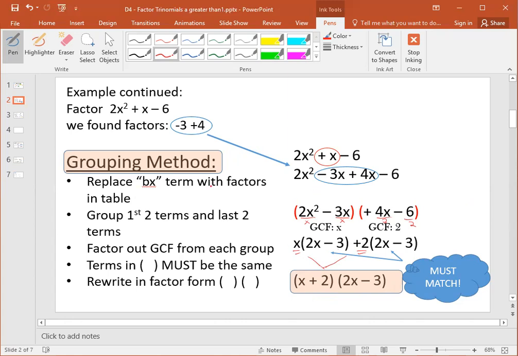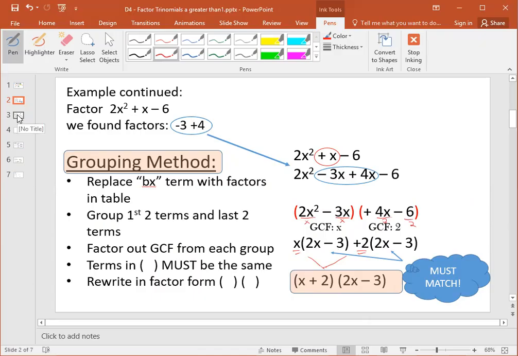Okay, this is called the grouping method. So once again, we replaced the center bx term with the factors we found from our factor table. We group them together. We found the GCF and then factored it out. And then we wrote our two new terms.